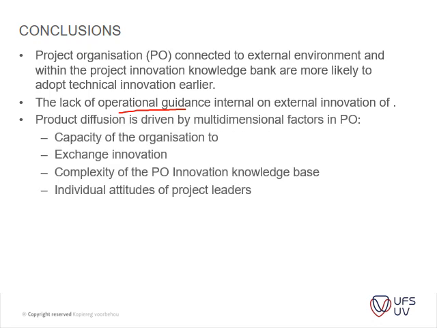And then the product diffusion is driven by multi-dimensional factors. The project organization is the capacity of the organization to engage, to exchange innovation. It's that diffusion of information. Complexity of the project organization innovation knowledge base. Yeah, that is not transferred very quickly.